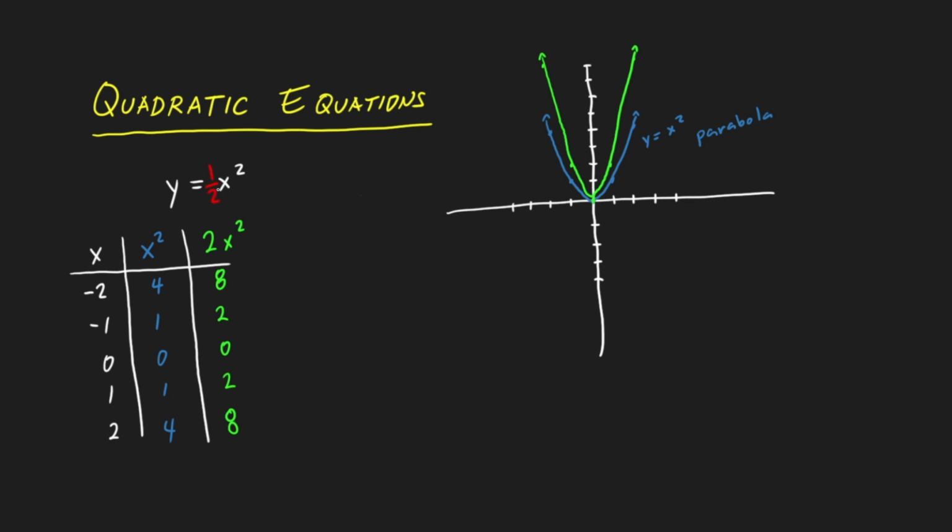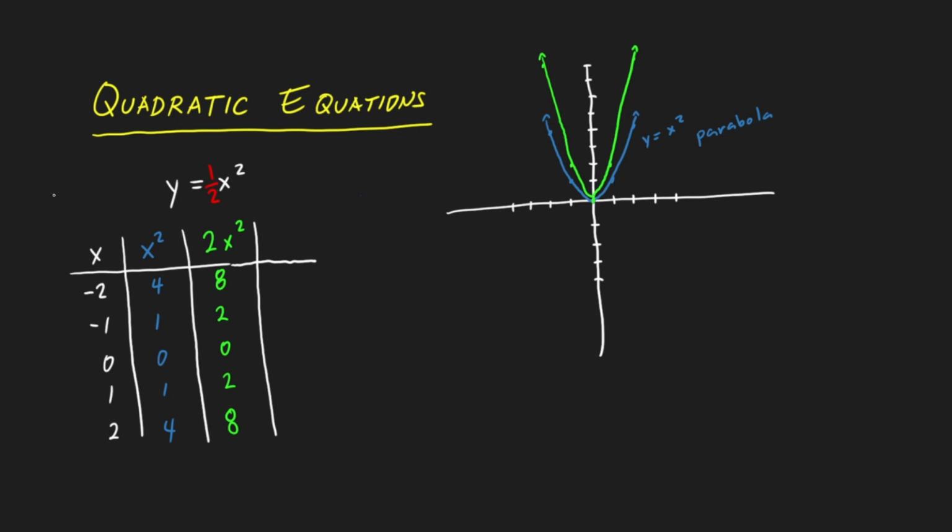Let's put a 1/2 right there. What's going to happen now? I'm going to put another column on the table, because we want to put a table for 1/2 x squared as well. Right here, I'm going to put 1/2 x squared.